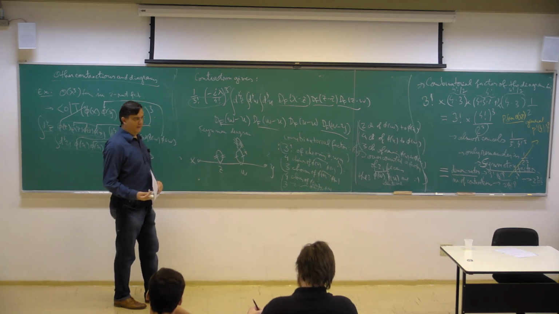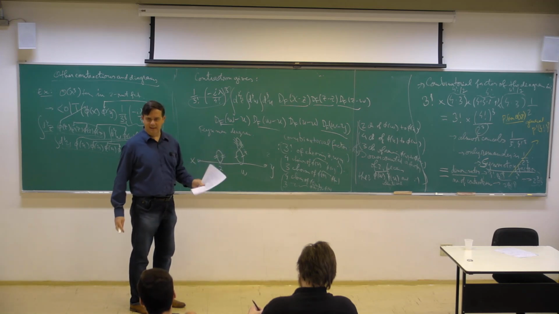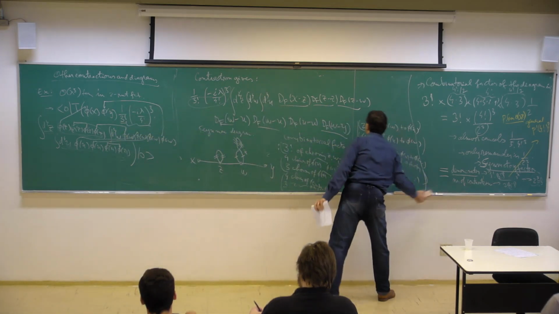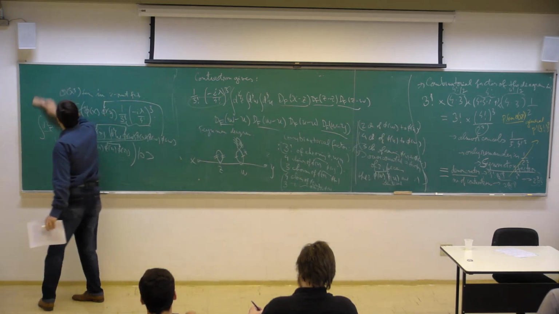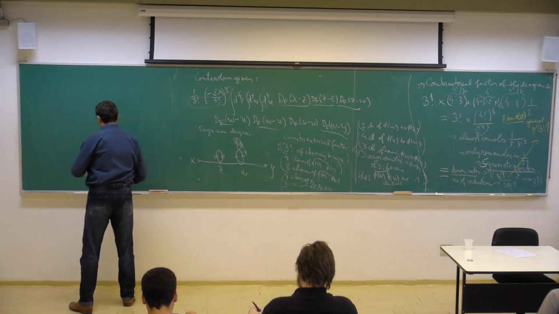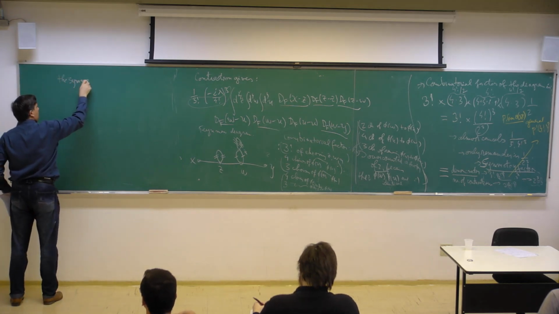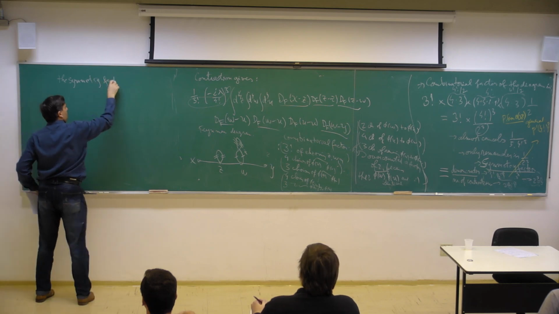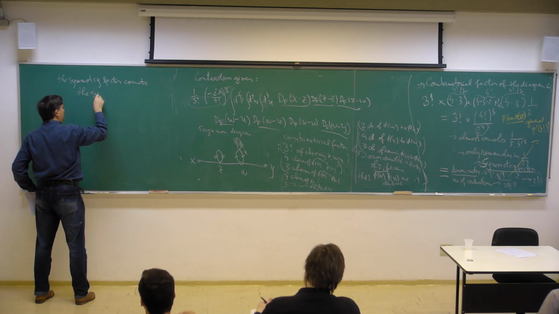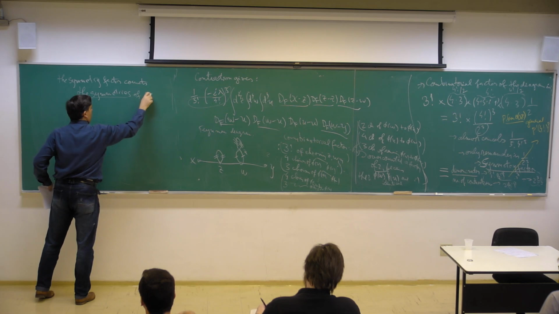So now we figured out why this is called a symmetry factor, because this factor counts the symmetries of the Feynman diagram. Let's write this here. The symmetry factor counts the symmetries of the Feynman diagram.